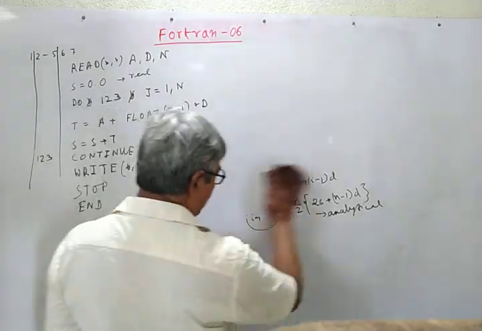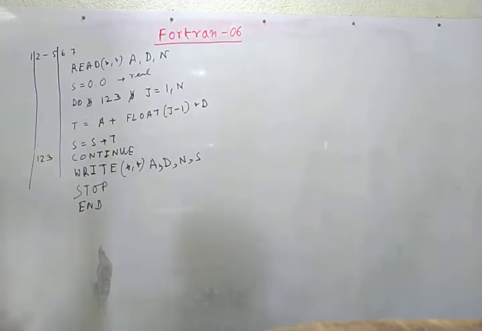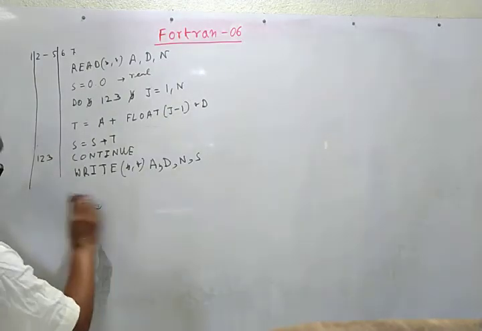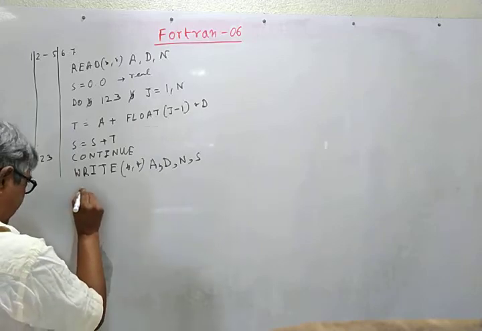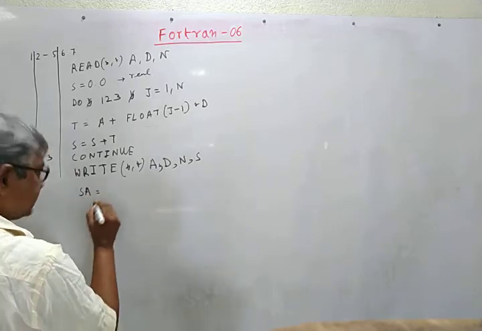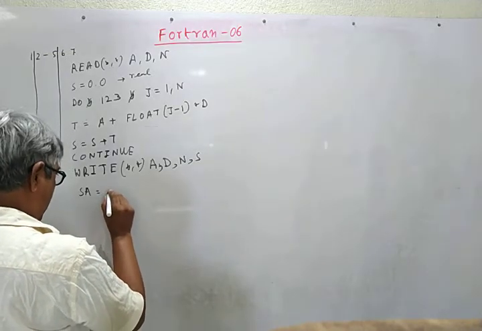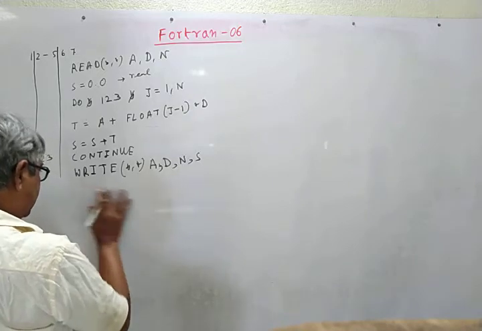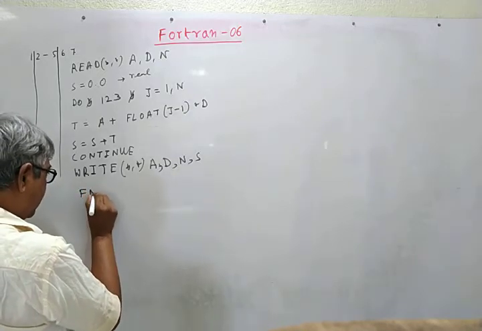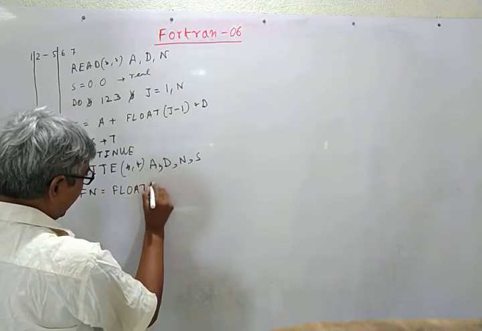So this is another example, and you may do one more thing. This is the calculated sum. We may write the analytical sum as we have written. For n, if I introduce a quantity fn = float(n).